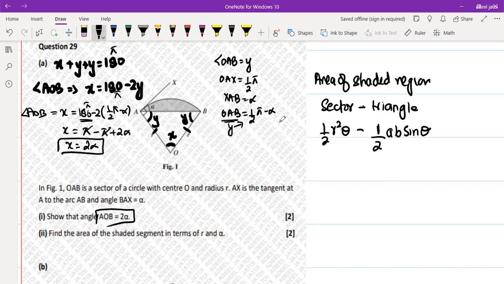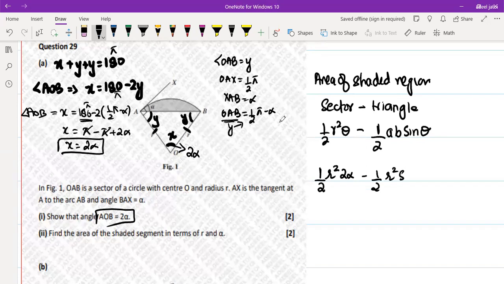So the area of the sector is half r square, and theta is 2 alpha, minus half r square sine 2 alpha.